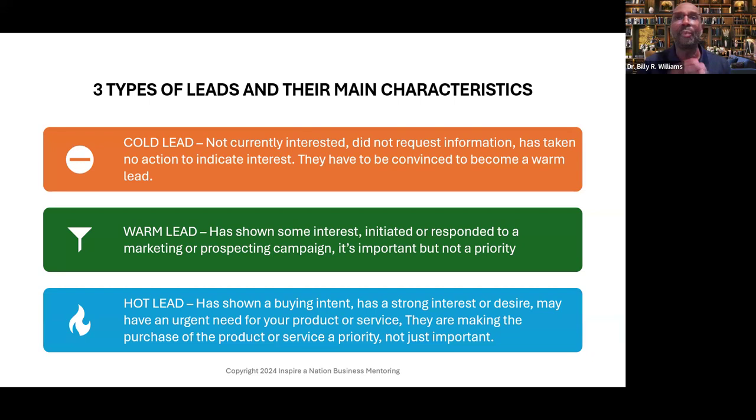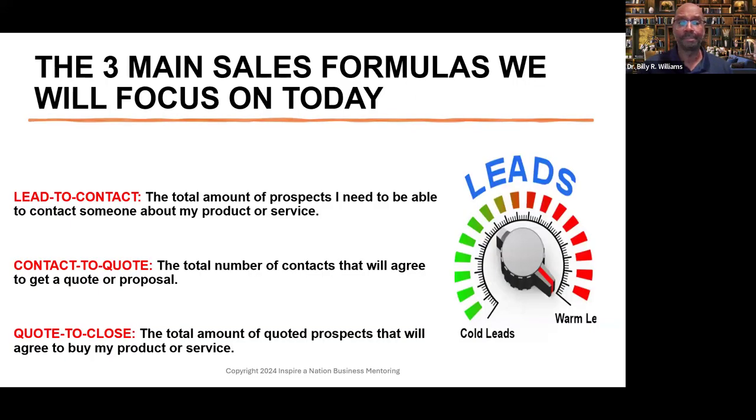Hot means I'm ready. We usually say within 72 hours, though it could be different for your industry. This is a person who not only understands the importance, but has made it a priority to get your product or service, or a similar one, in place as soon as possible. Cold, warm, and hot. It's important.